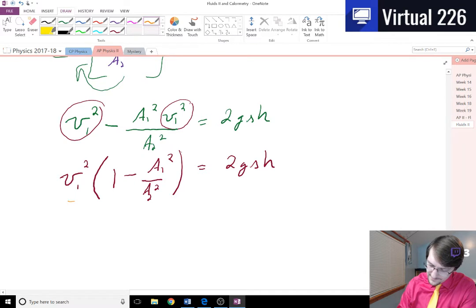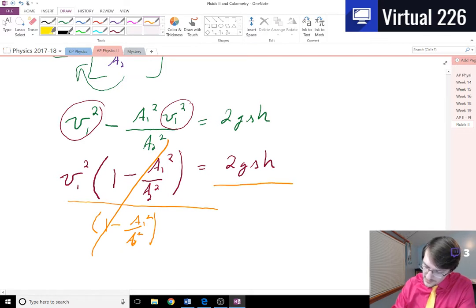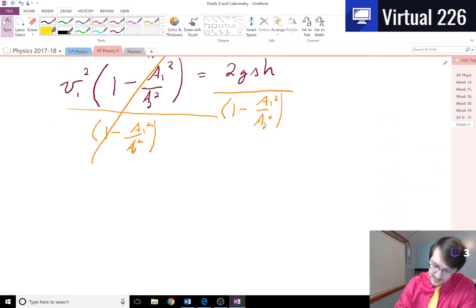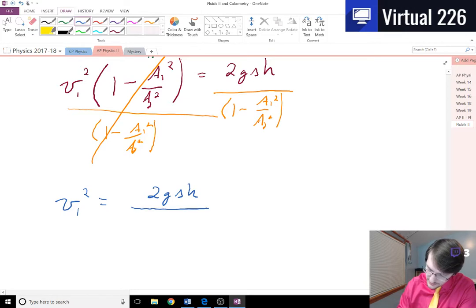If I divide each side by the 1 minus A1 squared over A2 squared, those will wipe. So V1 squared equals 2G delta H over 1 minus A1 squared over A2 squared. And then if I want to get rid of that square, I'll just root both sides.